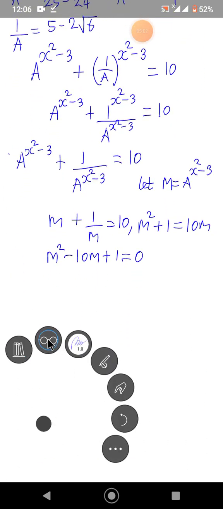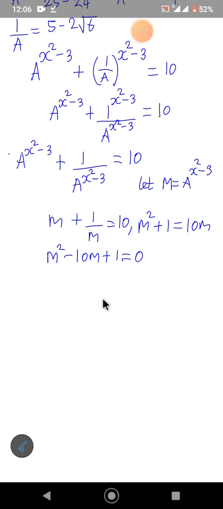Then now I'm going to solve my quadratic equation using the formula method. So from the formula method, a is equal to 1, the coefficient of m squared, while b is equal to the coefficient of m, that's minus 10. Then c is equal to 1 also.